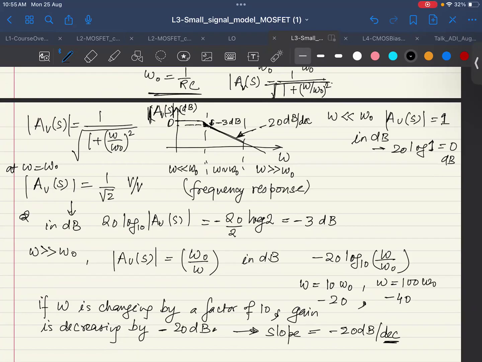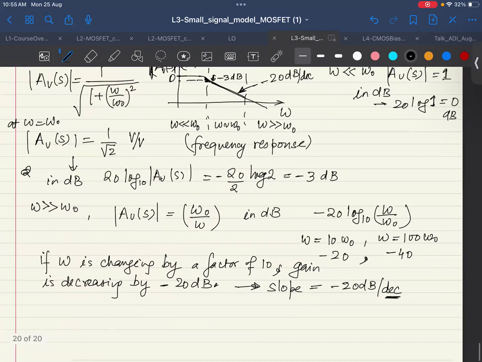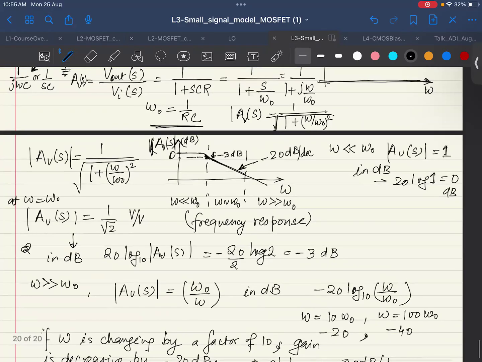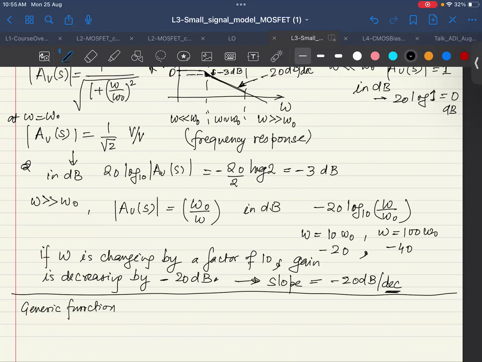Yeah. So now this minus 20 per decade, if one needs to further understand it, if I define a very generic function, any generic function, which is typically called a transfer function, that means whatever input is being transferred to the output, how you're modeling that, obviously as a function of frequency.